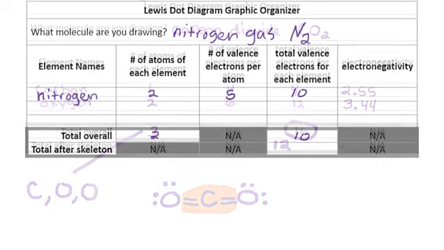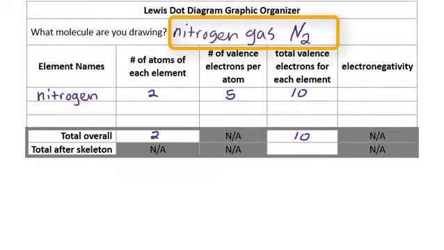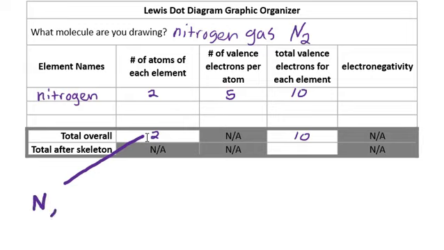This second molecule, nitrogen gas, or N2, will require triple bonds. At this point, I'm on step 6, where I need to draw my skeleton Lewis diagram. The skeleton needs to have 2 atoms and 1 bond between each atom. After I use 1 bond for my skeleton, there are 8 remaining electrons I need to distribute.